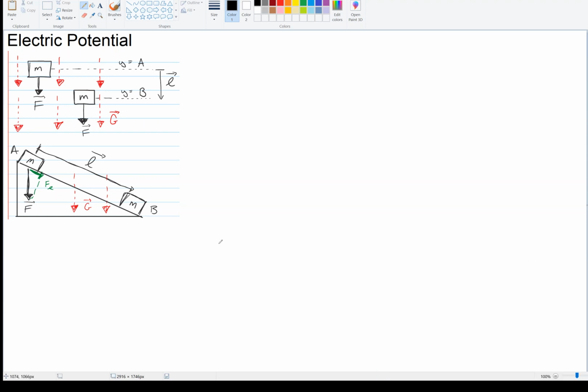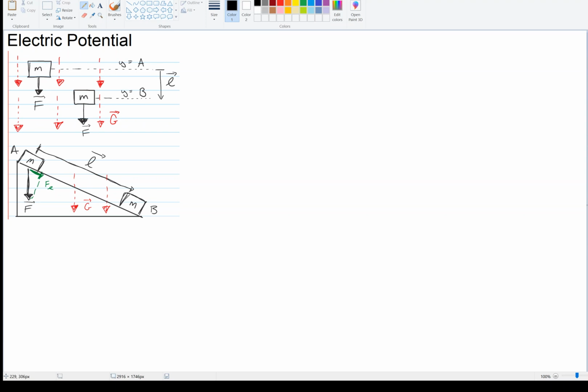Now, let's review some concepts from physics. In this top picture, I've got the gravitational field in red that points towards the ground. I've got a mass, m, that's moving from a height y equals a to a height y equals b, which is lower than a, and we're calling that displacement vector L. And why does the mass move?